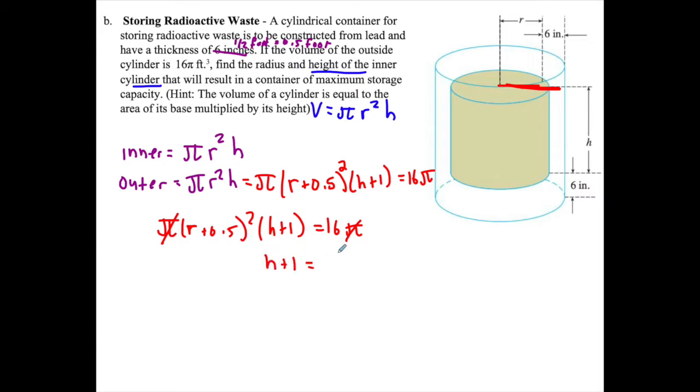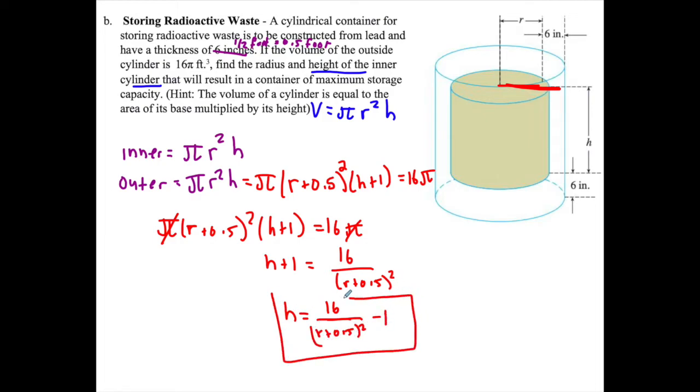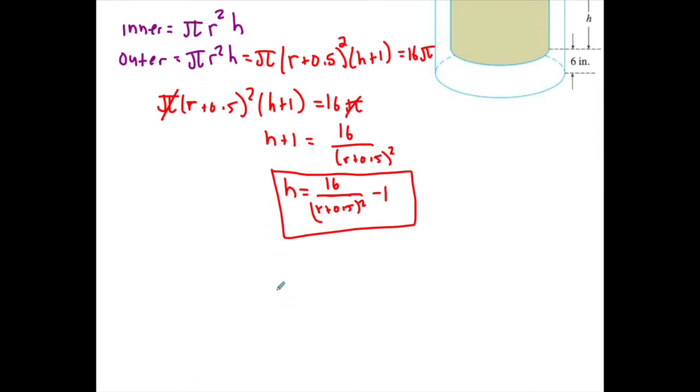So h plus 1 is equal to 16 over (r plus 0.5) squared, and then I subtract 1. So this is our relationship for h, such that once we know r, we can figure that out. We've got one variable alone. This is just a little bit more complicated scenario.